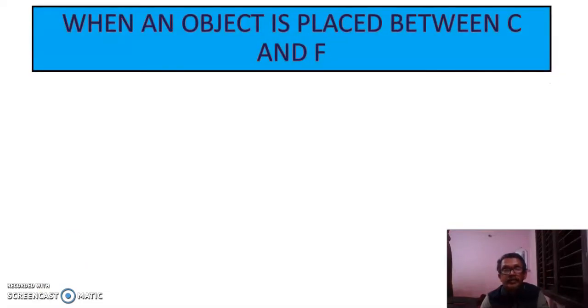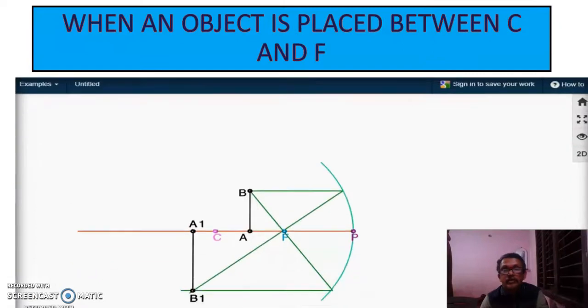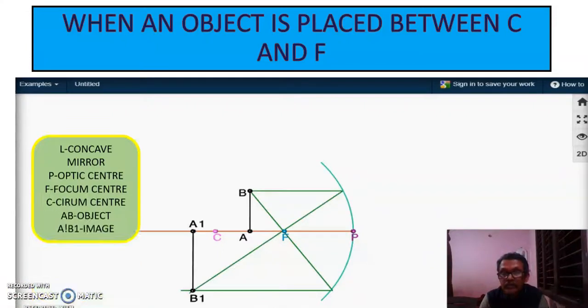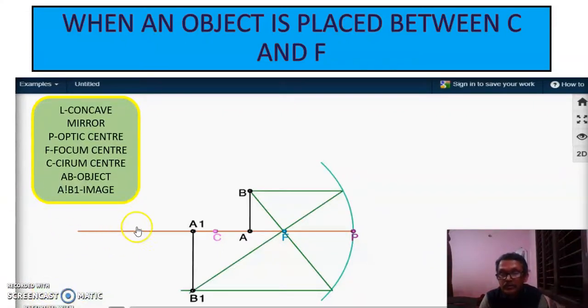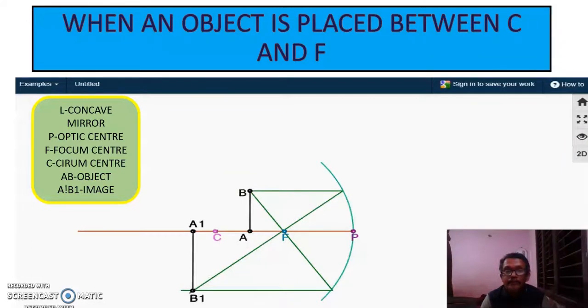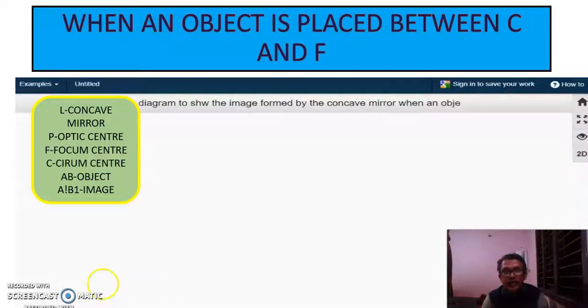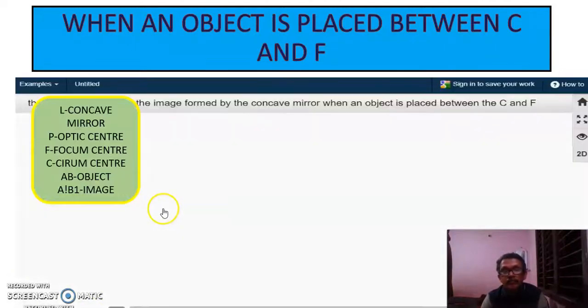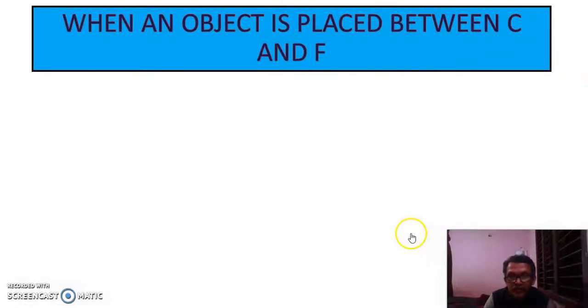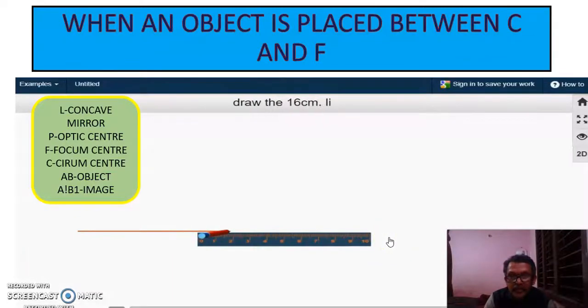Now when an object is placed between C and F, this is the image formed. Take a ray, same type, 16 centimeter, or you can take 8 centimeter, then 2 centimeter.